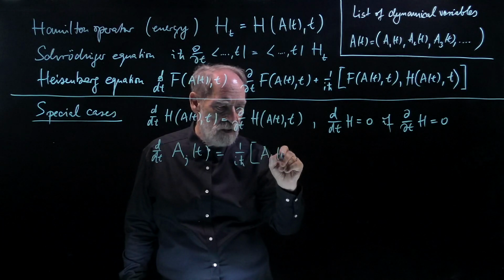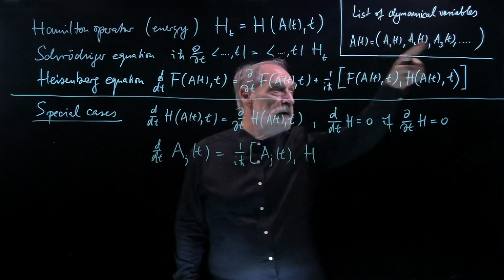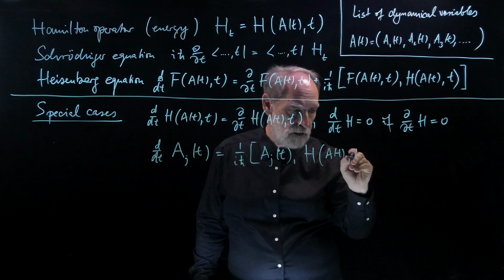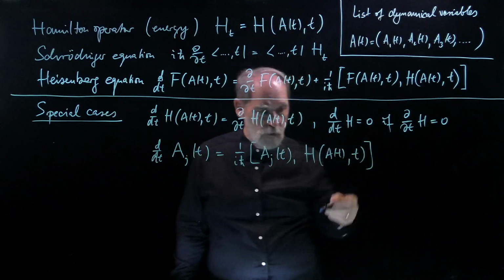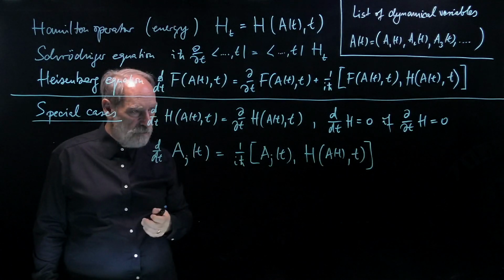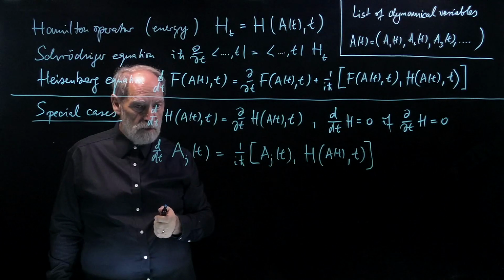So we just get the commutator of that one variable from the list with the Hamilton operator that involves all of the basic dynamical variables that we have in this list of dynamical variables.